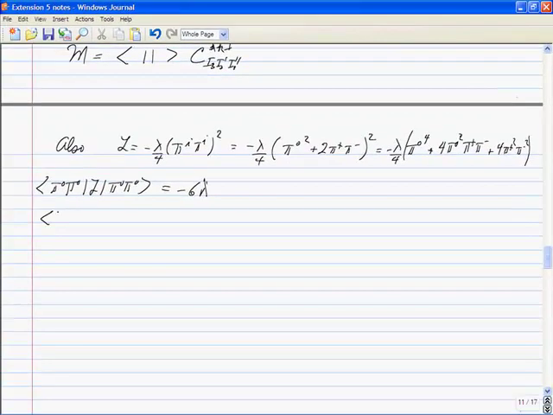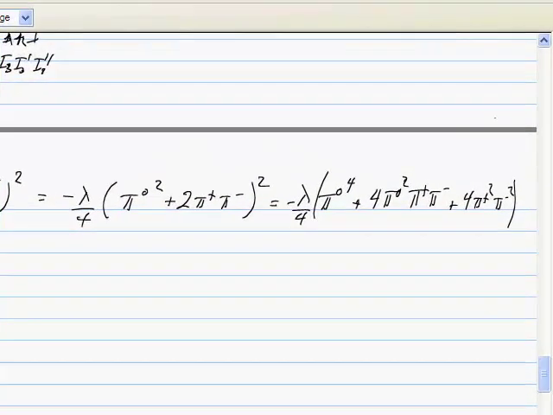Okay, if I want pi 0, pi minus to pi 0, pi minus, that comes from this term here. This field can create a pi minus, and this field annihilates the pi minus, and that one creates a pi minus.